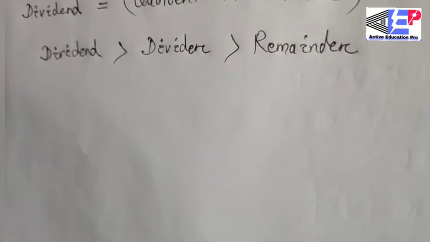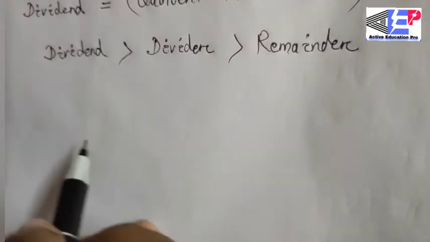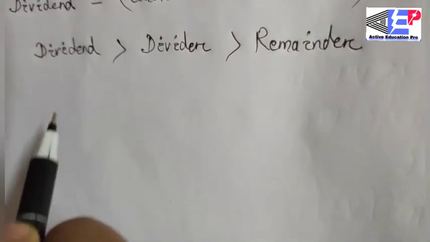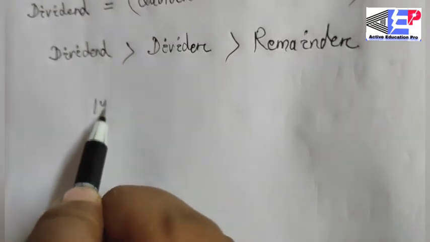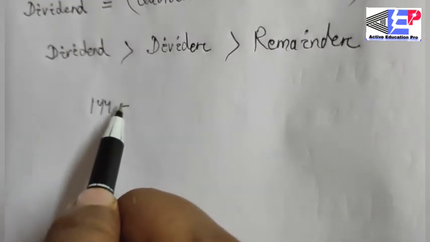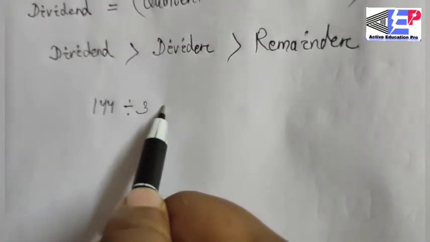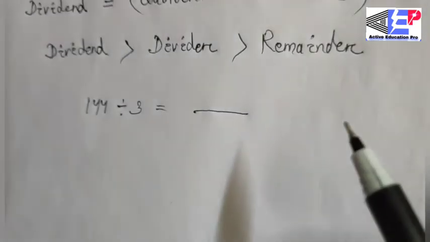For our better knowledge, let's take a numerical example for division. Let's say 144 is to be divided by 3. Then what will be its result?